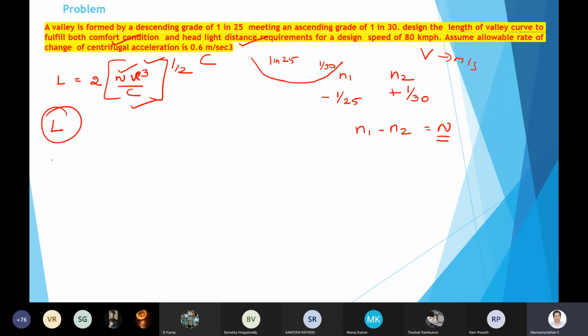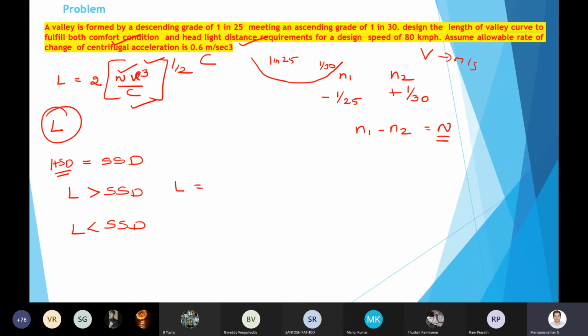At the same time, for the headlight sight distance, I told you there are two cases. Headlight sight distance is nothing but equivalent to the stopping sight distance. First case is it is greater than SSD. The second case is it is less than SSD.